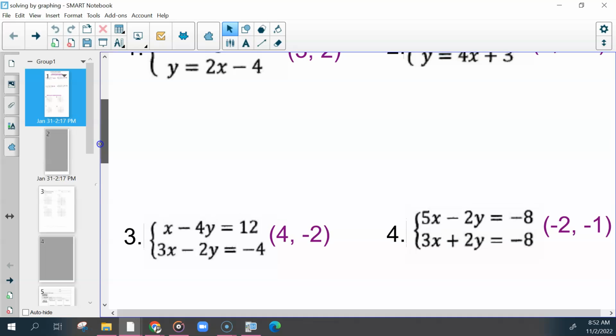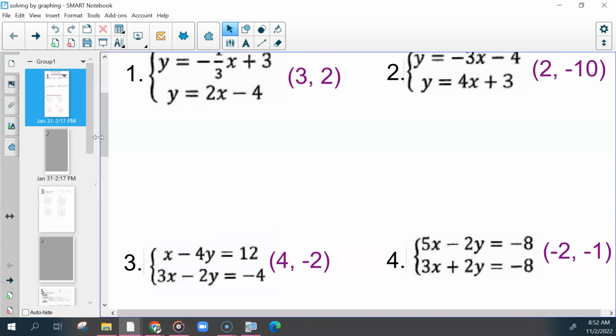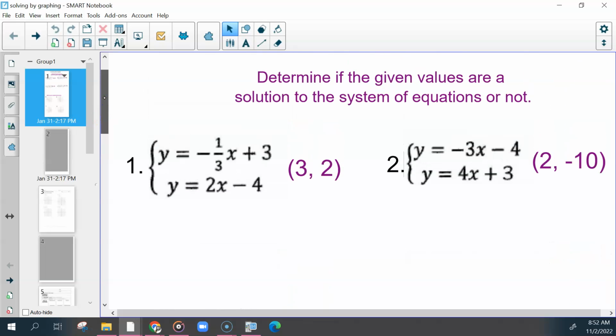So before we actually talk about how we do that, there are different ways to do that. We're going to talk about if we had solved it already, how would we know that this is the answer? So for these, if I got this as my answer for this, how would I know this works? How could I check to see this works?